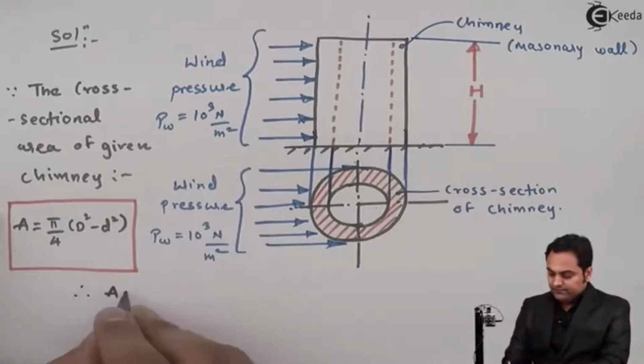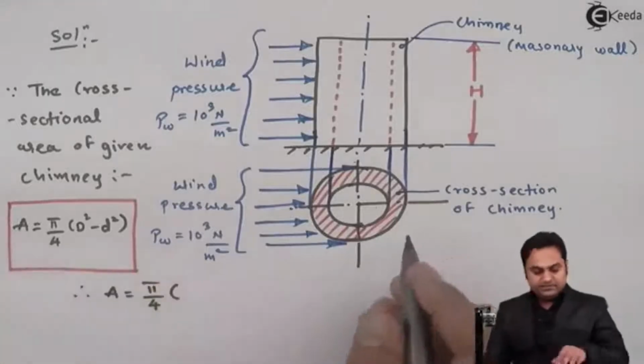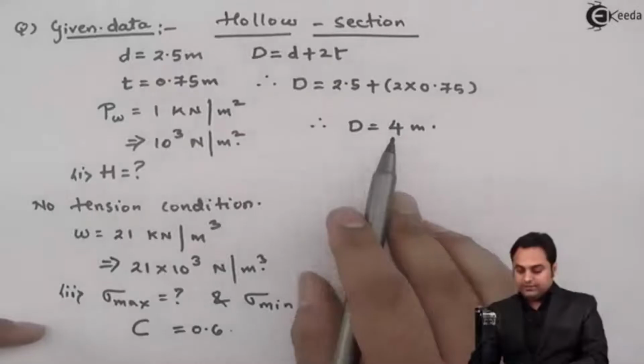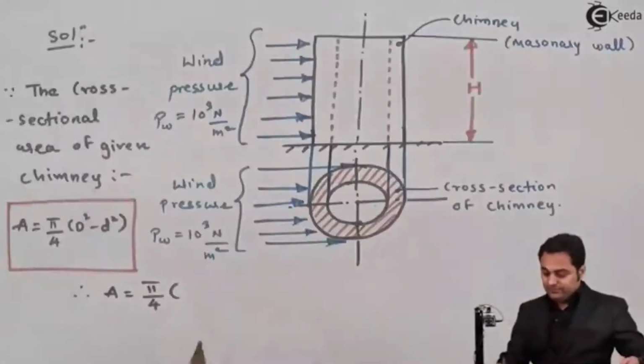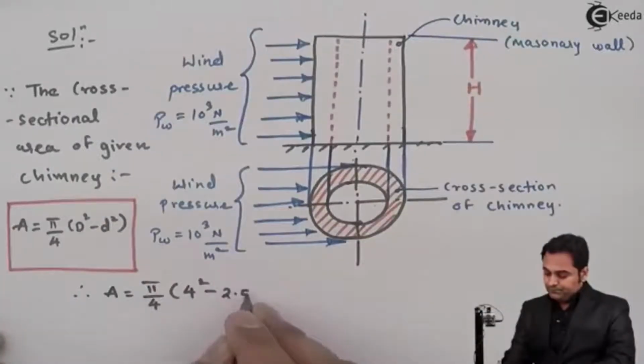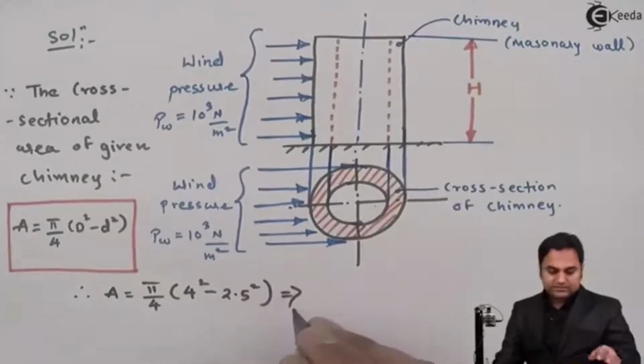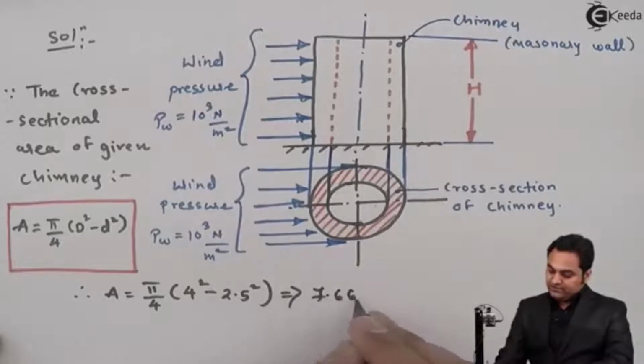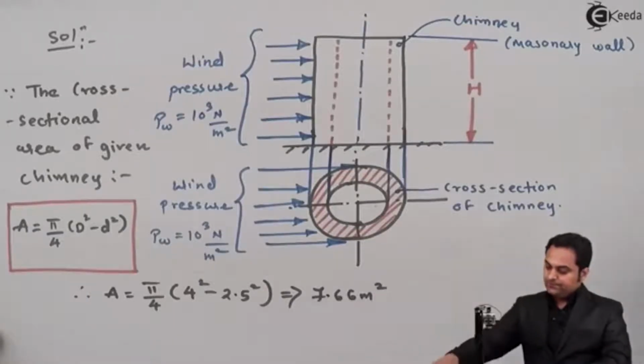So here we have pi by 4. Capital D we have found out, it was 4 meter and small d is 2.5. So from this I'll get the answer of area as 7.66 meters square.